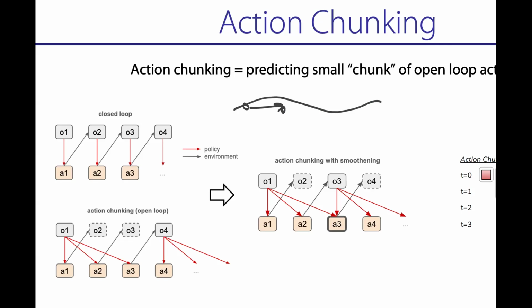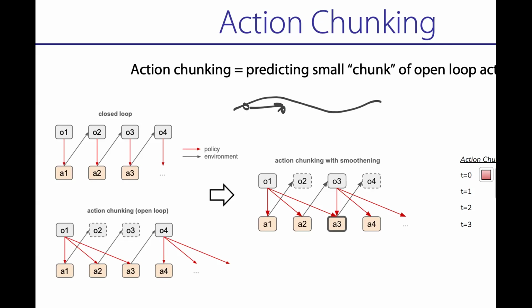Whereas action chunking gives us more coherent behavior over multiple time steps, and there's no compounding error because of the policy input within the chunk, right? If I had to keep feeding things back into the policy, you'd have increasing amounts of error. Whereas in a chunk, you're just predicting an open loop sequence of actions. There's nothing going back into the policy. So it doesn't go more and more OOD in that sense.